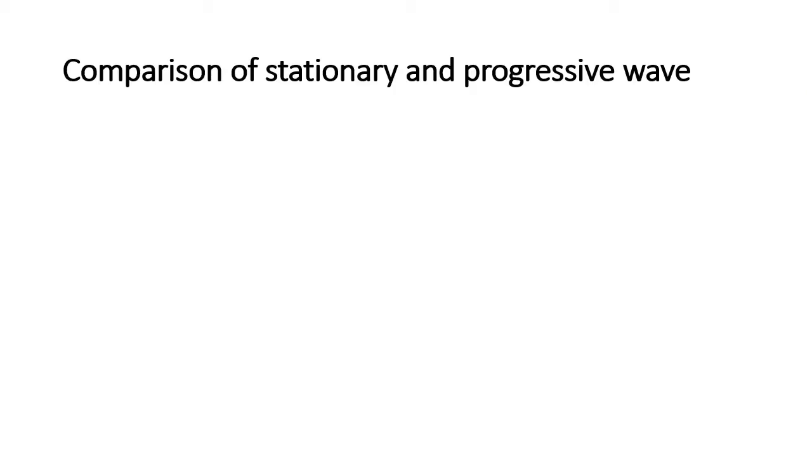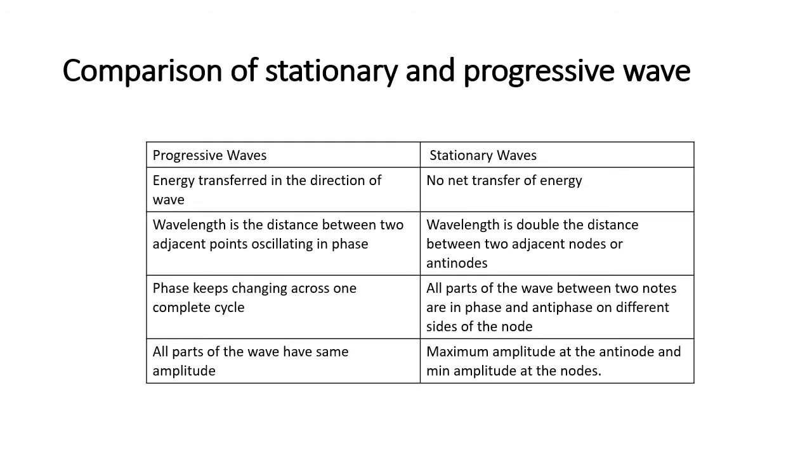Now, a very common exam question, for a couple of marks, is: what are the similarities and differences between stationary and progressive waves? Okay, so I have put that as a table here. It's the same thing from your textbook. In progressive waves, the energy is transferred in the direction of the wave. Here there is no net transfer of energy.